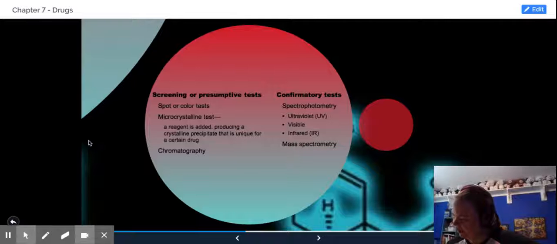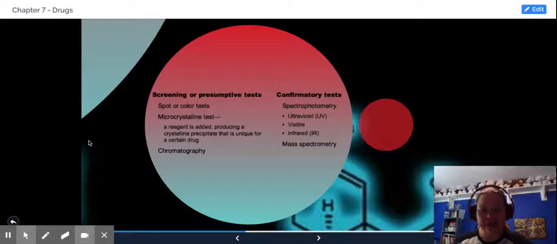How they react and the colors they turn will determine the drugs. We'll go over that later.